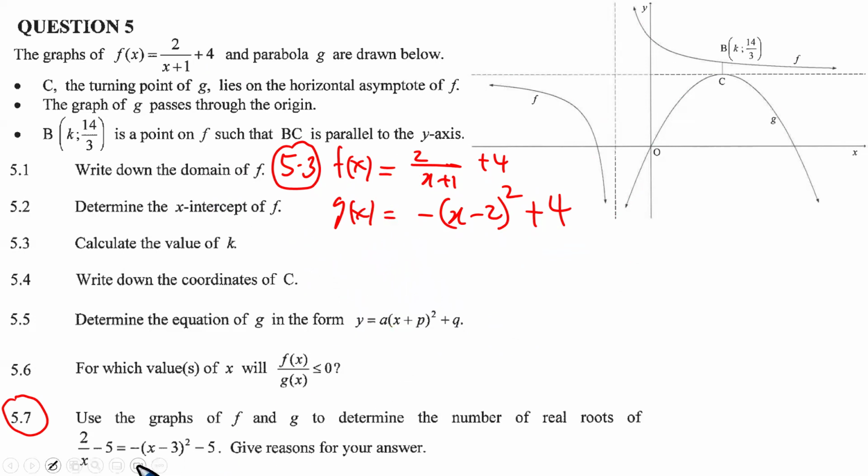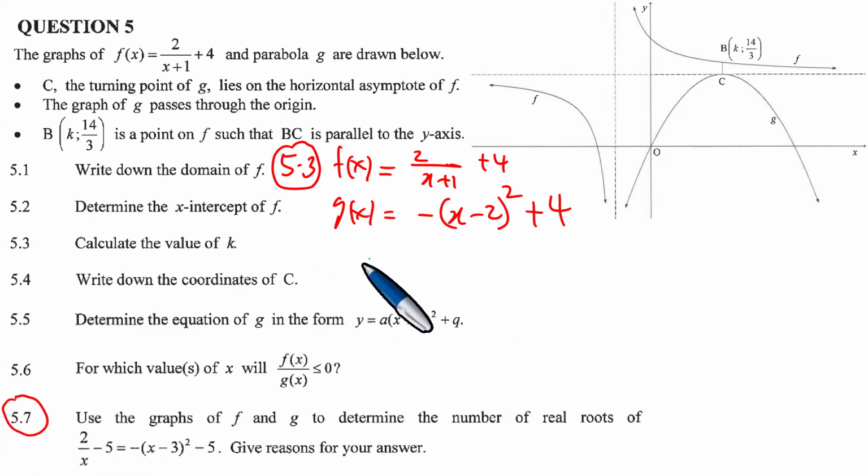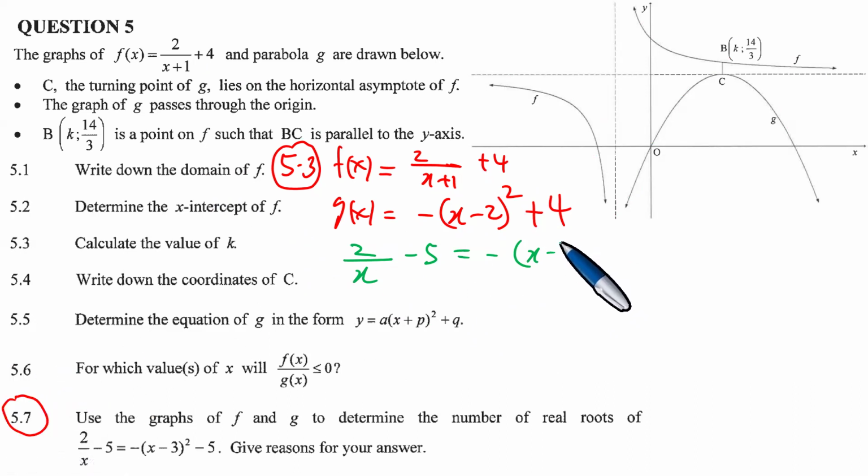Now let's look at what the examiner is doing here. The examiner decided to write the following. So I want to write this one in green color. The examiner wrote 2 over x minus 5, which is equal to minus x minus 3 squared minus 5.